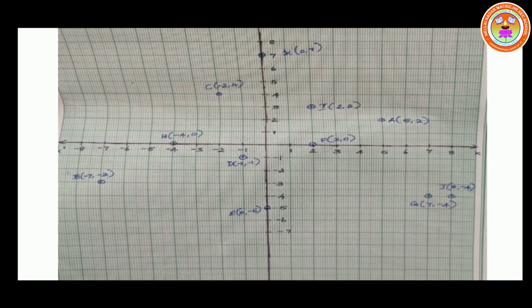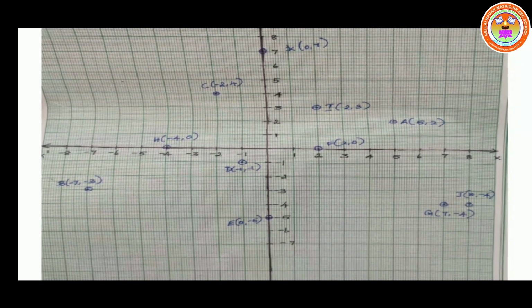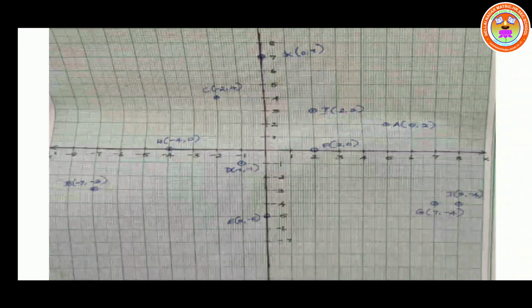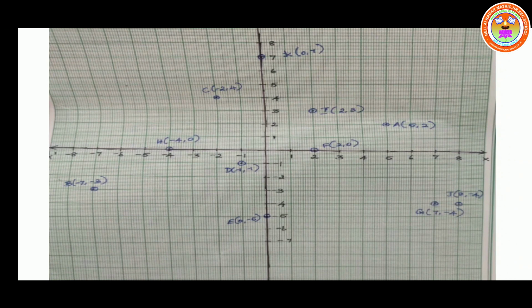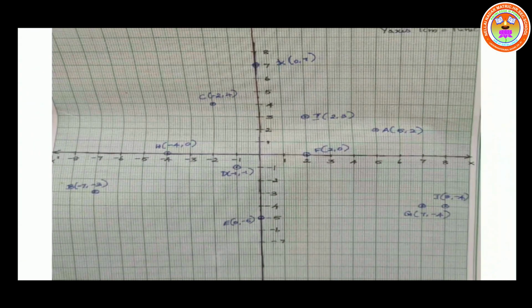Next point is C. C is minus 2 comma 4. So minus 2 is the negative value of x and 4 is the positive value of y. See what I have done, I have drawn C of minus 2 comma 4.